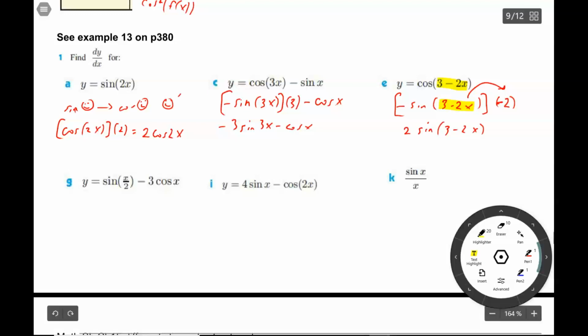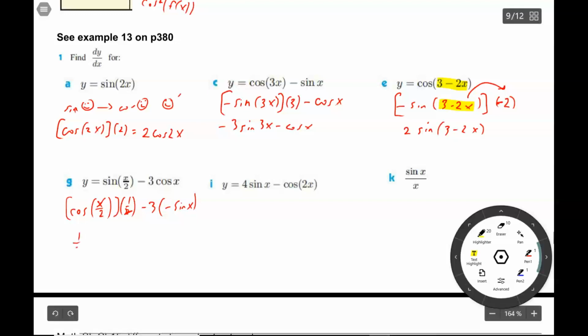G. y equals sine of x over 2 minus 3 cosine x. Again, the derivative of sine something is cosine something. So we just write the inside part exactly as is, and then we multiply the whole thing times the derivative of the inside, which would be 1/2, right? And then the derivative of minus 3 cosine x would be minus 3 times negative sine x, because the derivative of cosine x is negative sine x, right?